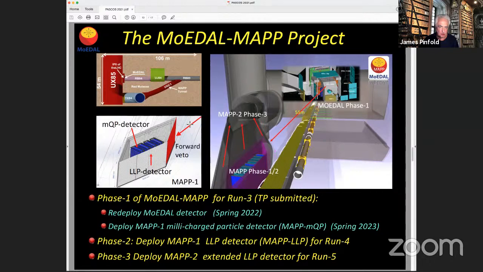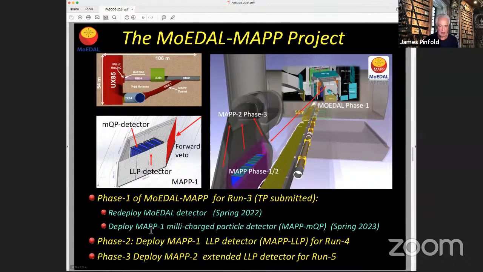So neutral particles coming in here will pass the veto and decay in this zone and be detected in the walls of this box. By the way, we've left the lid off, and you can't see the floor, so you can see inside.